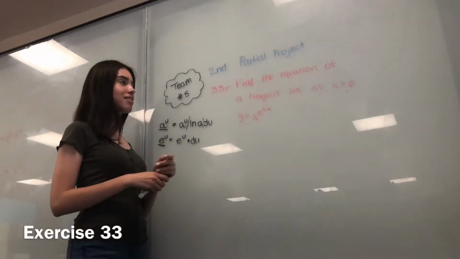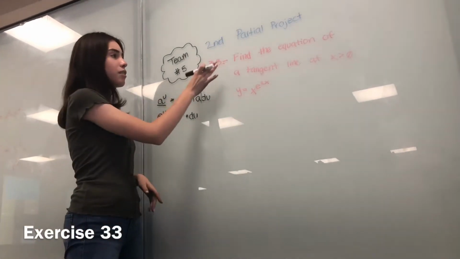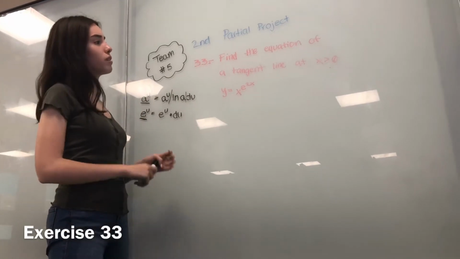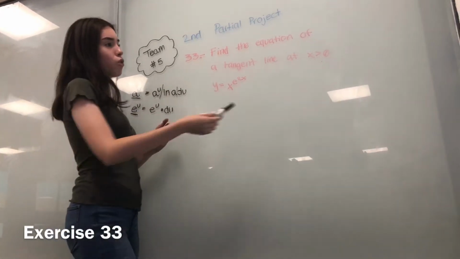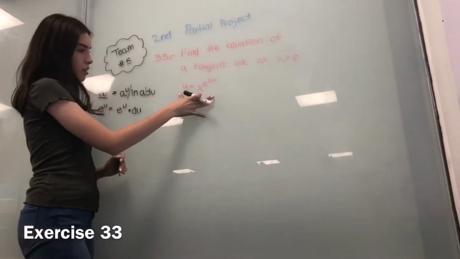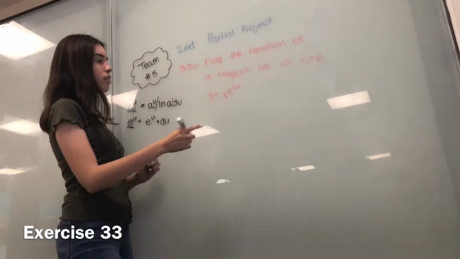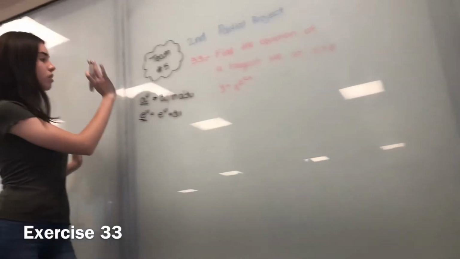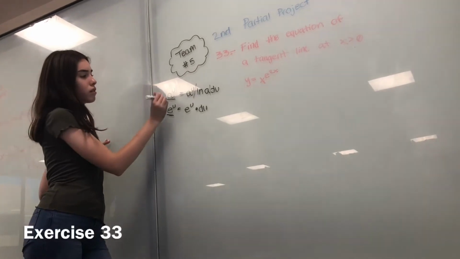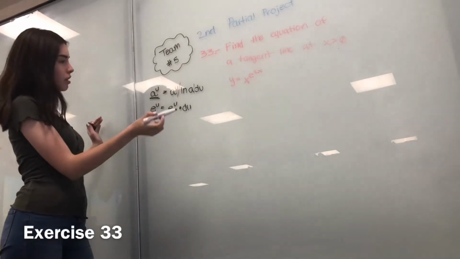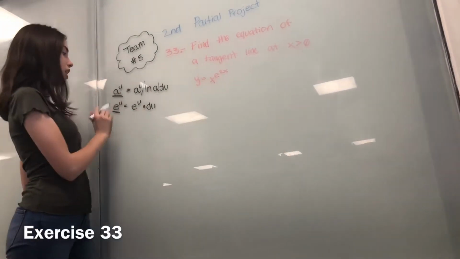So the last exercise is exercise 33. It says to find the equation of a tangent line at x equals 0 with this formula. So we're going to find the derivative of this formula using this rule. We're going to first use this one since the base is an x and not an e.